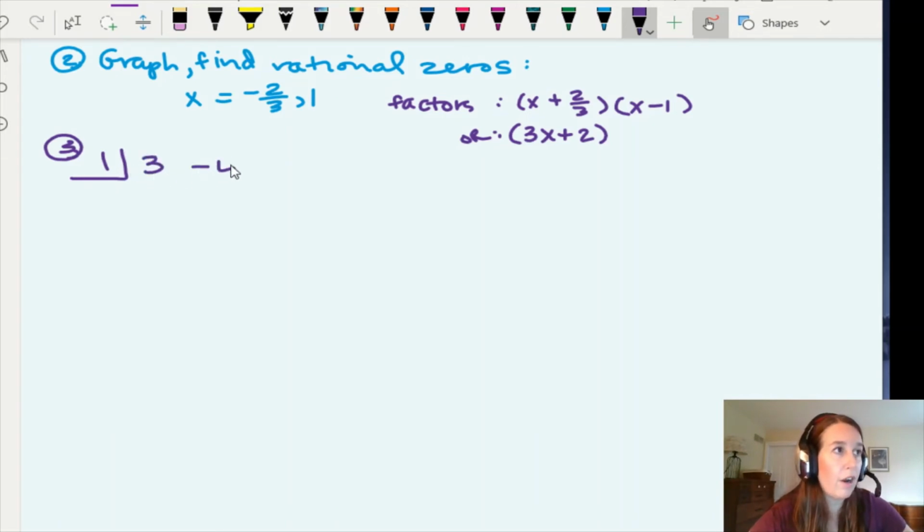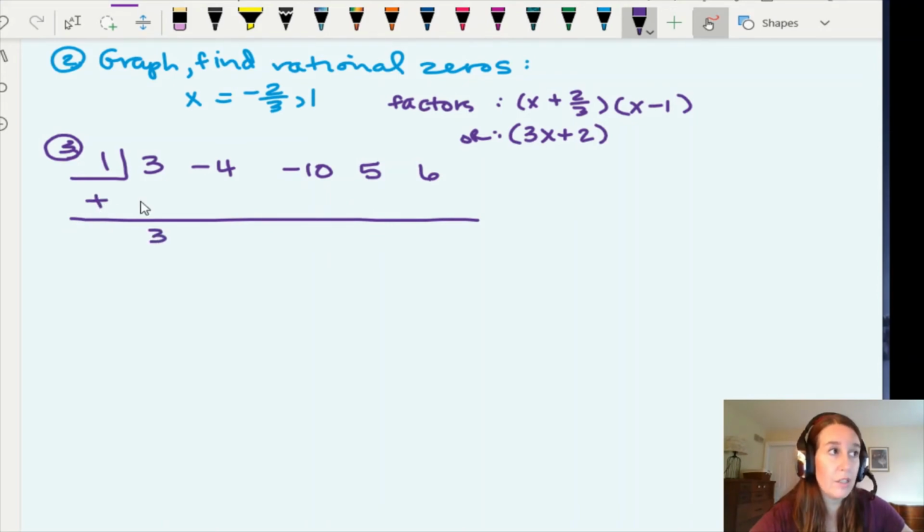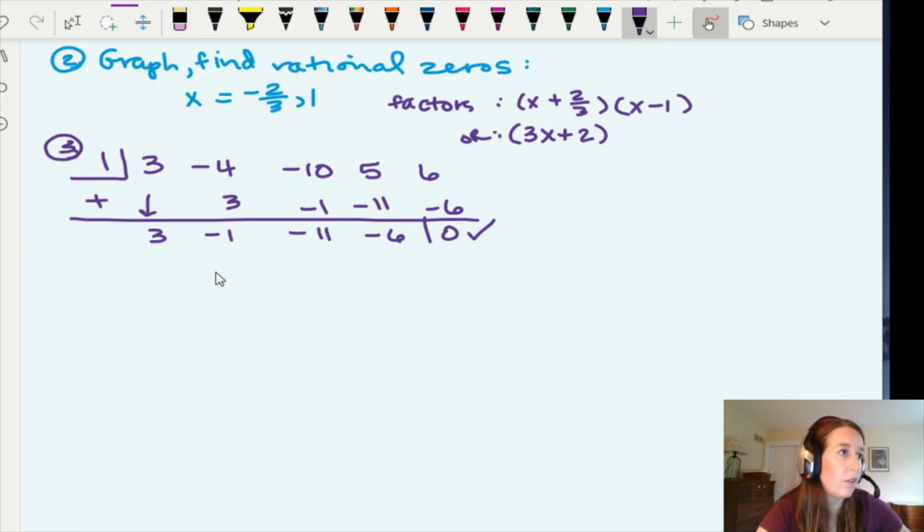And here are our coefficients. Okay, and do your synthetic division. And of course, we want the remainder to come out as 0. All right, now we have to put negative 2/3 on the shelf, our other zero.